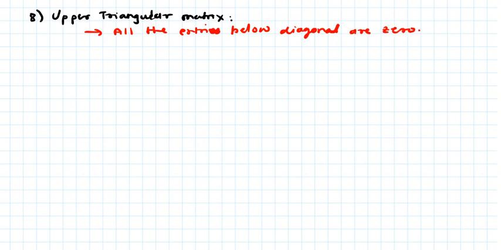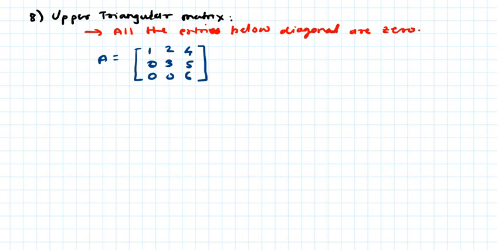For example, if I consider this matrix: 1 2 1, 0 3 4, 0 0 6.